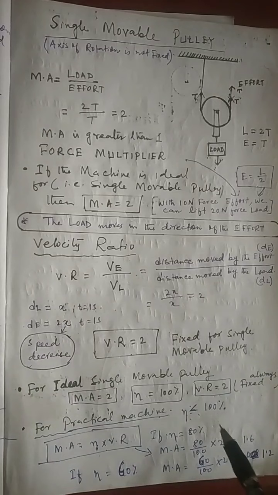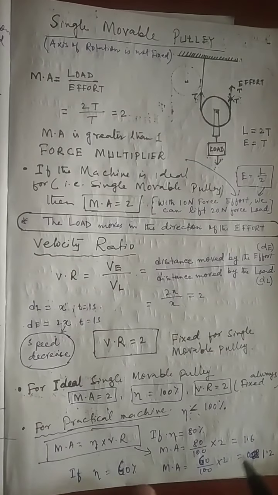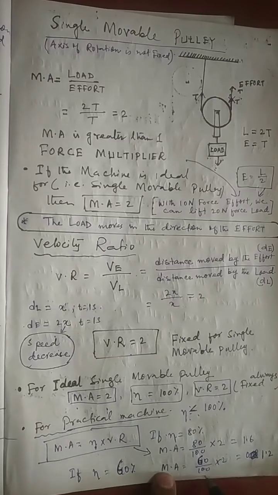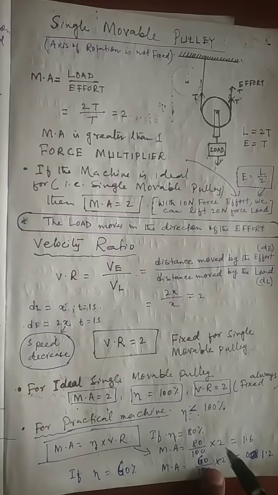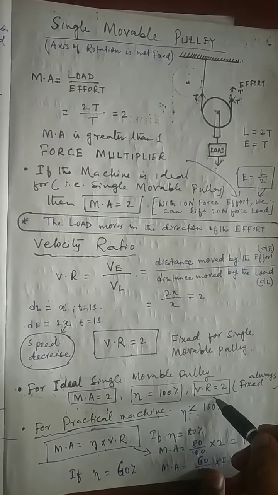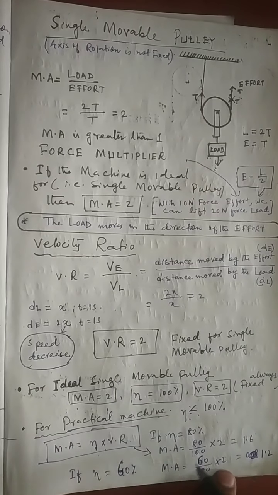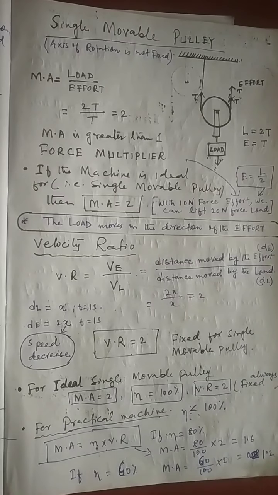Now if the efficiency is 60%, then mechanical advantage will be 60 by 100 into 2. Look at this, this 2 will never change for a single movable pulley; it is fixed. For 60% efficiency, we get a mechanical advantage of 1.2, which is also less than 2.